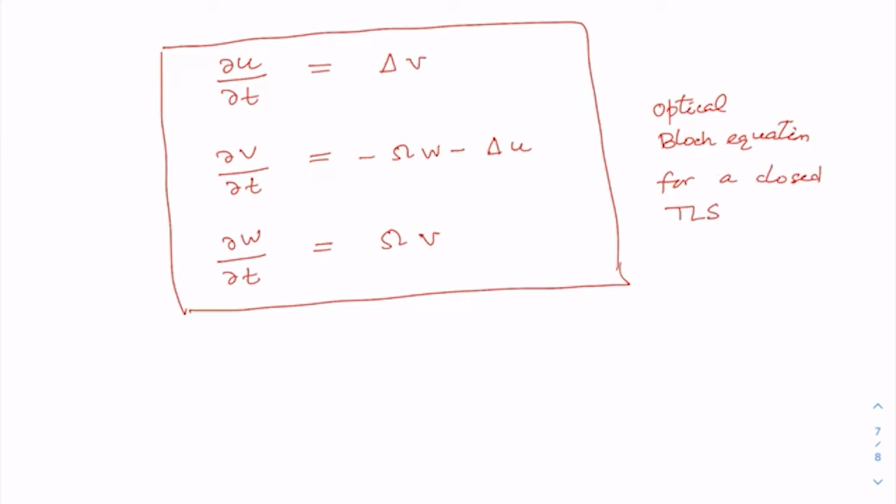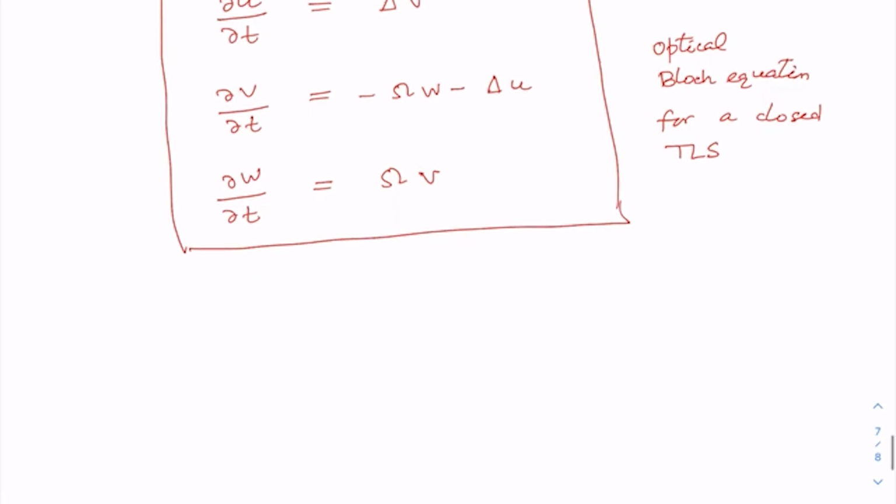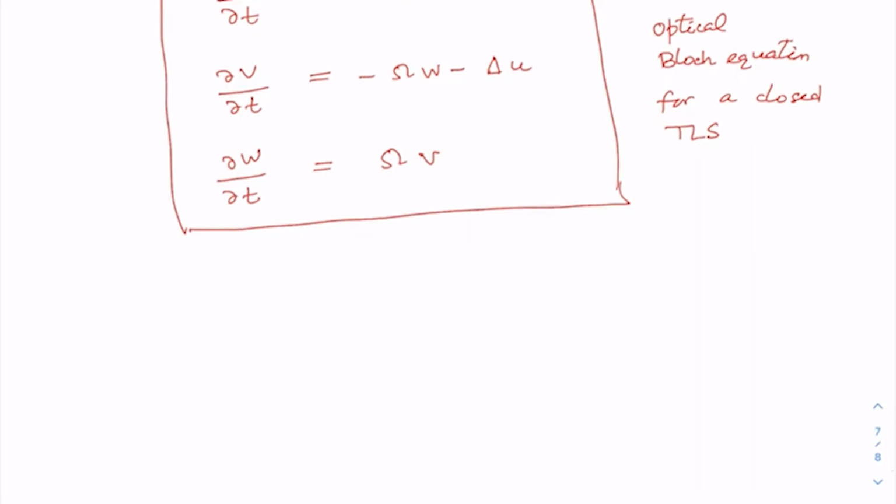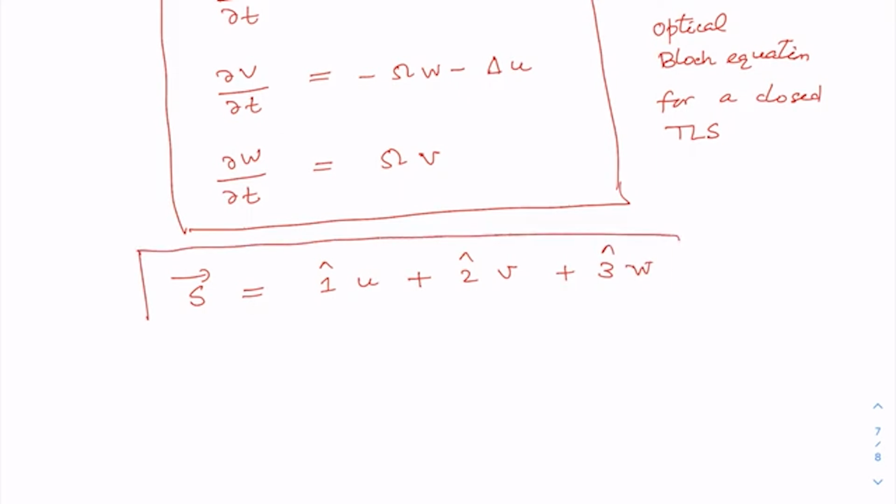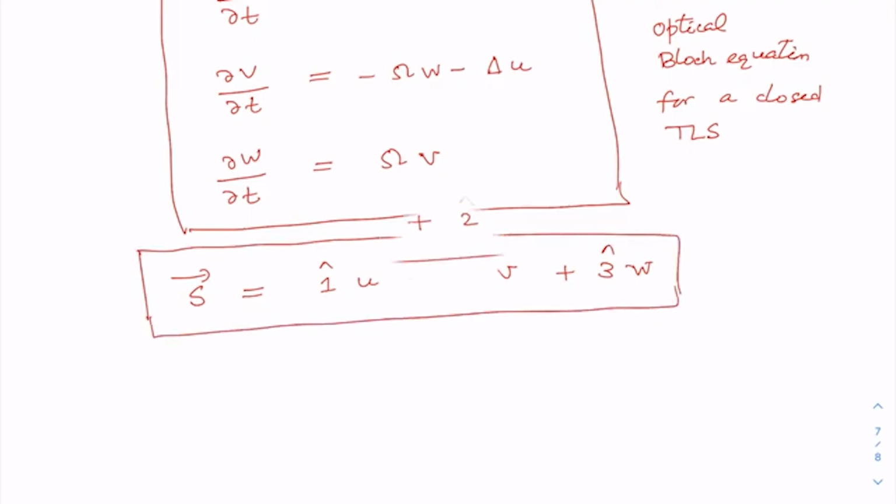So nothing extra actually we are learning here, because state vector formalism also told us the same thing, but this is the advantage as I said. And now I can define the vector. This is called the Bloch vector, and that has a component along this one direction, 1 cap, and then say 2 and 3, and I can represent it in a diagram soon in the so-called Bloch sphere. So that's what I'm going to do now.